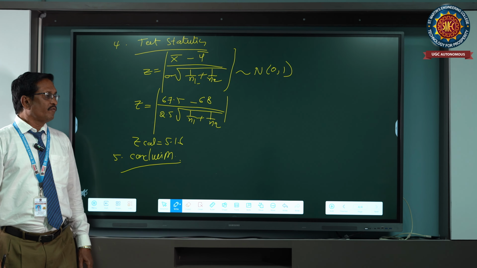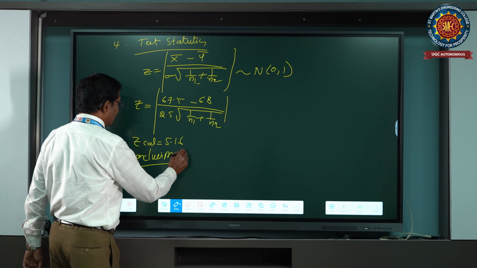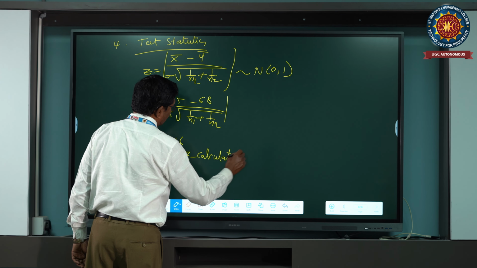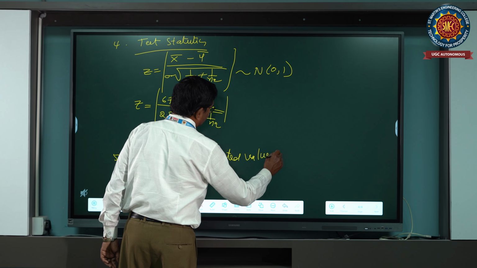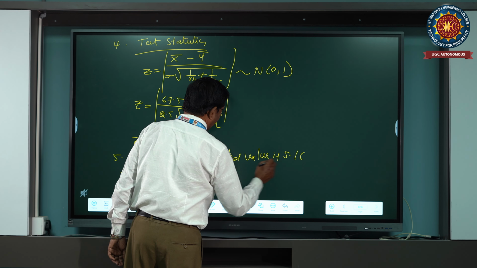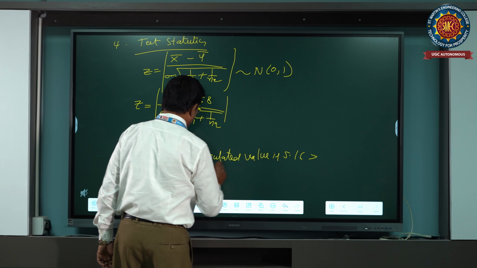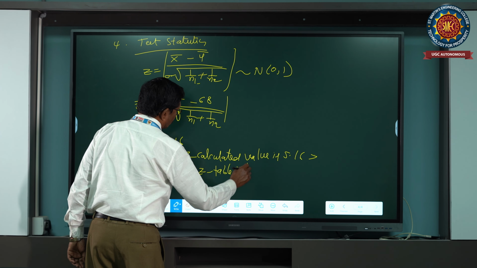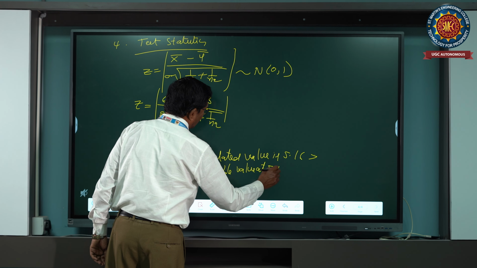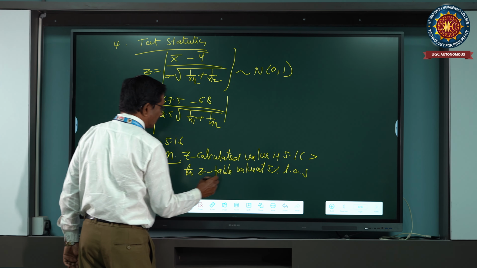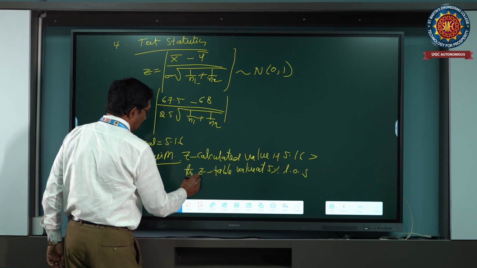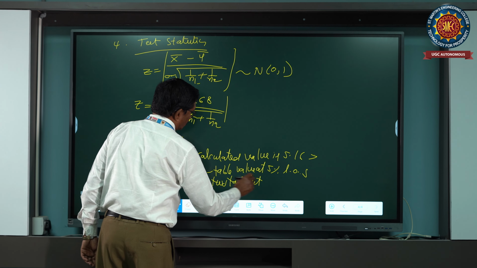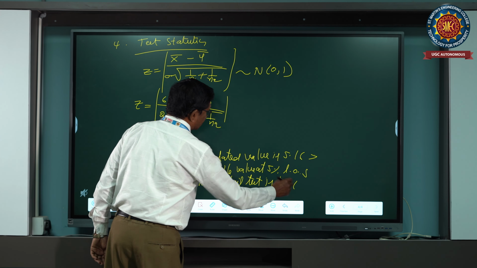From the above data, the Z calculated value 5.16 is greater than the Z table value at the 5% level of significance with a two-tail test, which is 1.96.